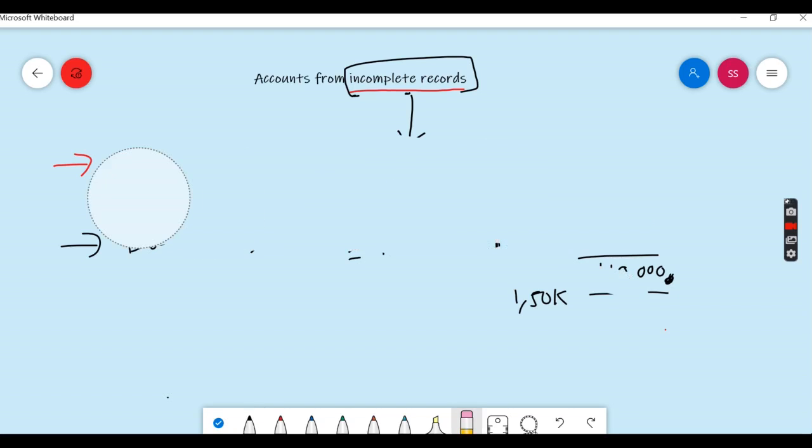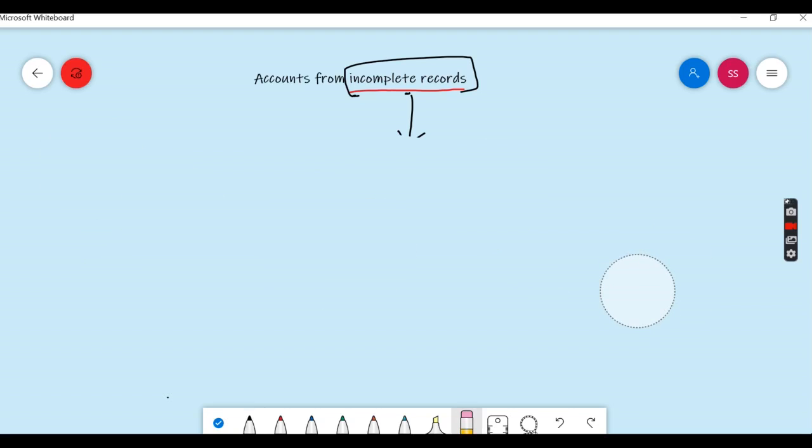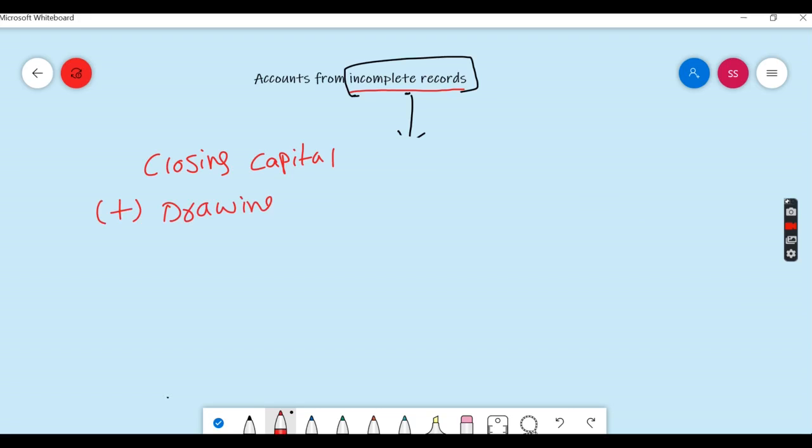So that's why they came up with a format. The format is, first start with the closing capital, add drawings, minus additional capital, minus opening capital.